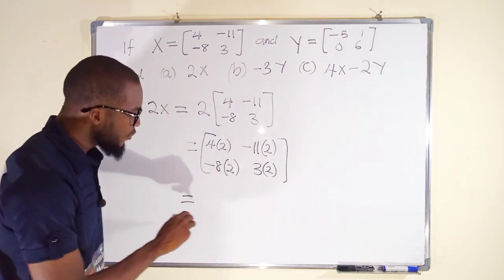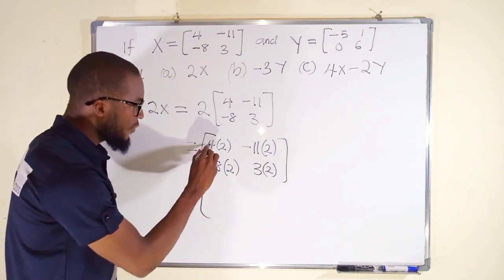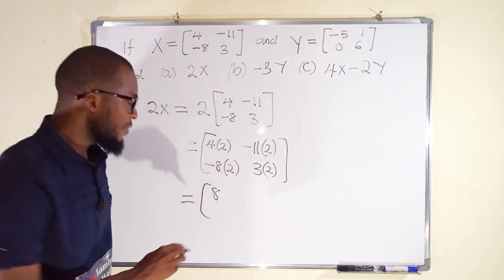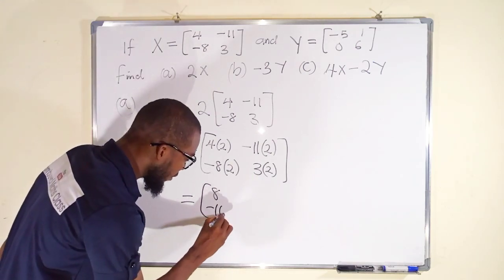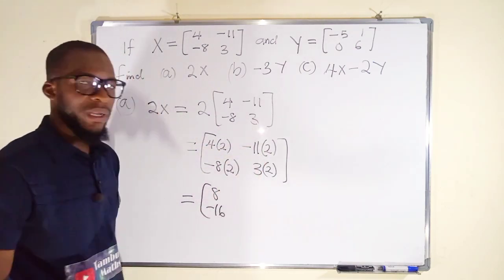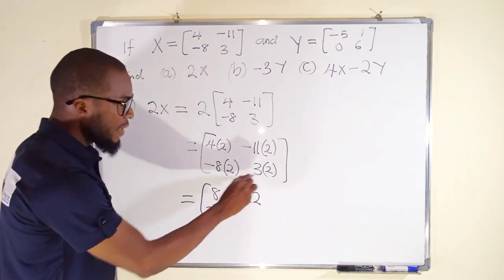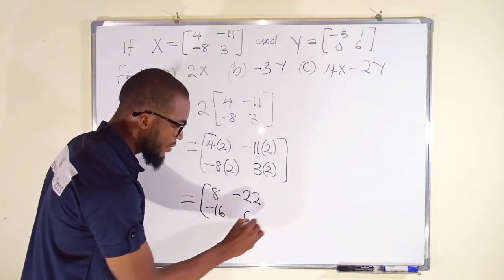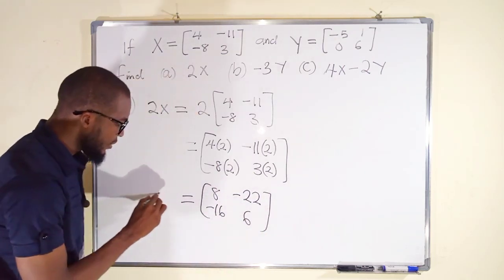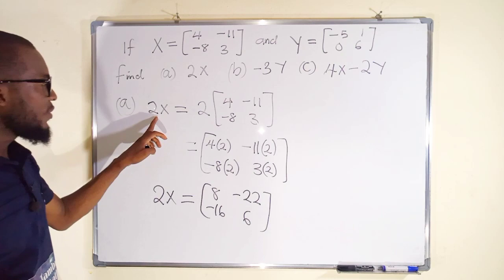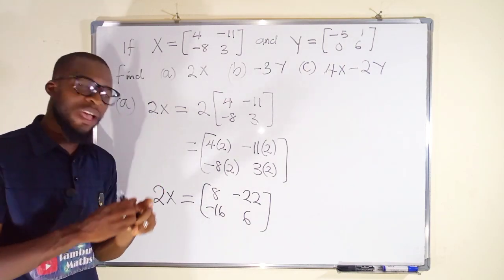This is equal to a new matrix: 4 times 2 is 8, negative 8 times 2 is negative 16, negative 11 times 2 is negative 22, and finally 2 times 3 is 6. So this is the required solution for this 2 multiplied by matrix x.